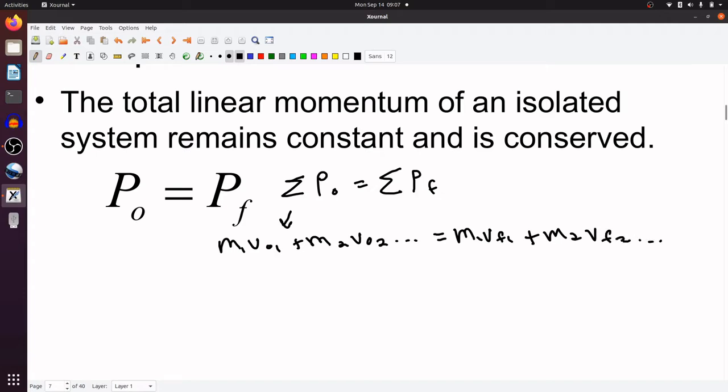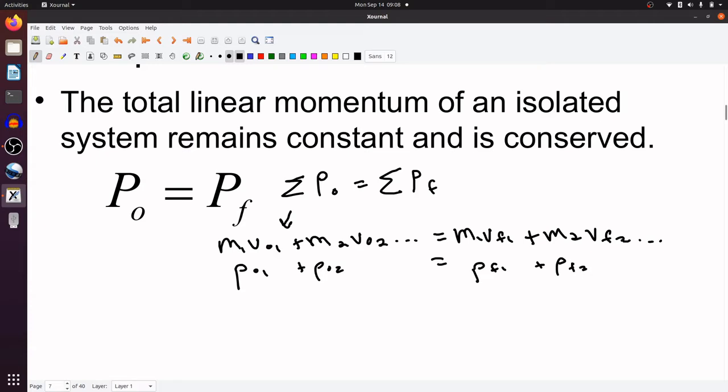That means we could have 300,000 different objects operating in our system, so to speak, but you're only going to have like 2-3 tops. 2 is really, I think, the highest you go. So this right here, this m1 v01 is just p naught 1, little p. This is p naught 2. This is pf1 plus pf2.